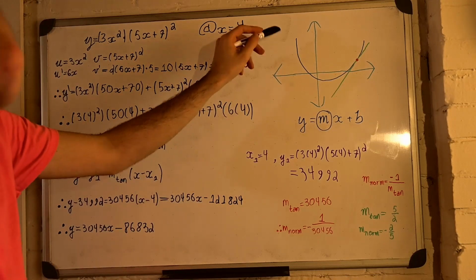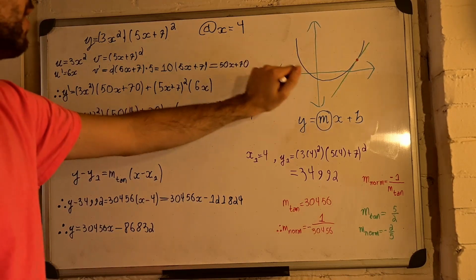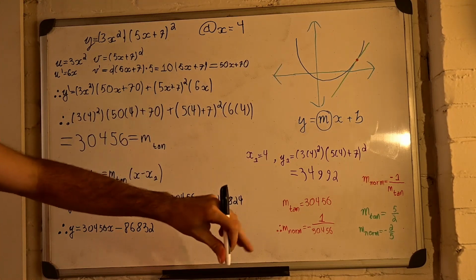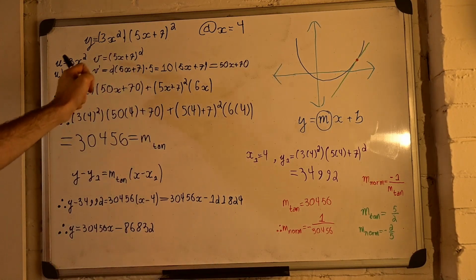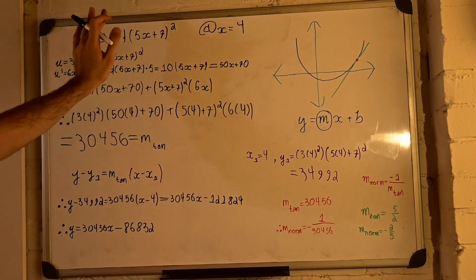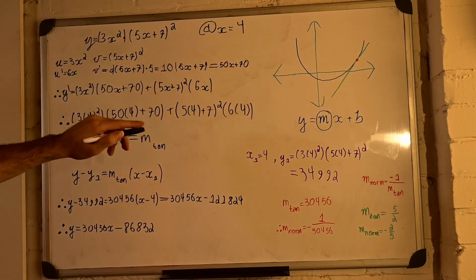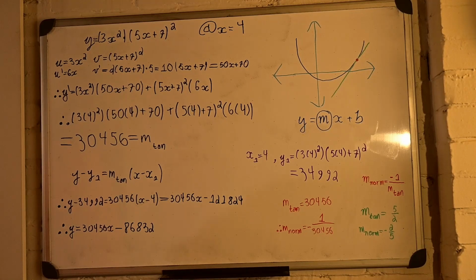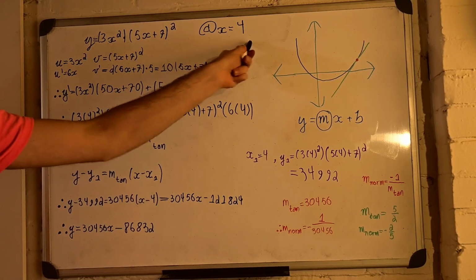Okay, so we have this equation right here. And so we use the derivative, and then we find the derivative of the equation, right? So we find the derivative, it's right here, and you evaluate that derivative at x equals 4.